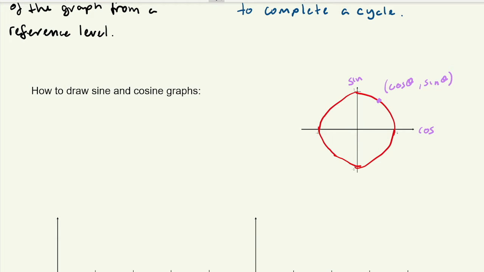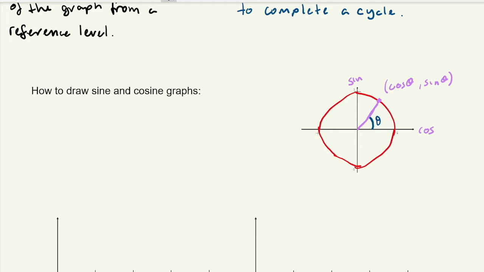So the y values are the sine thetas and the x values are your cos thetas. And theta is the angle made with the positive x-axis. So if I've got this little section here, when I talk about theta, I'm talking about this angle here. I'm not talking about the other bit, I'm just talking about where it goes from the x-axis and back around.